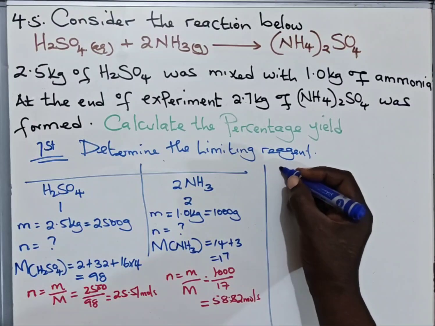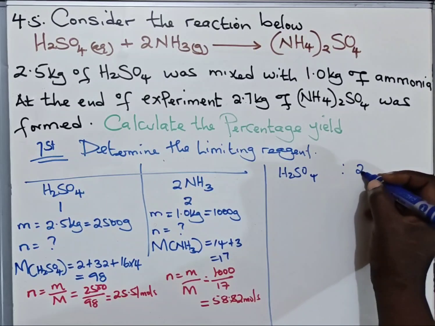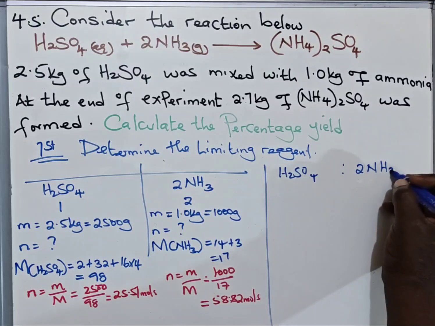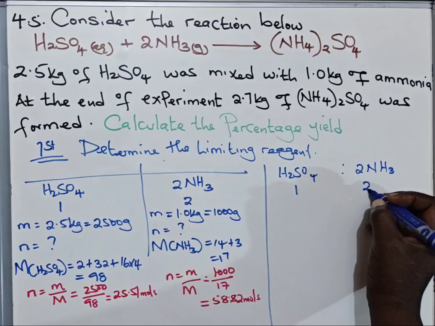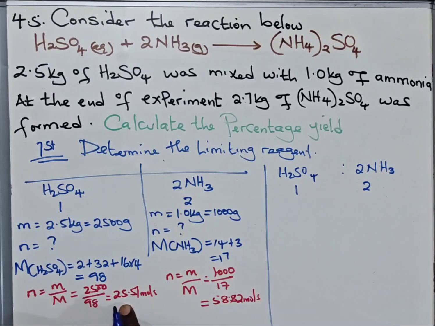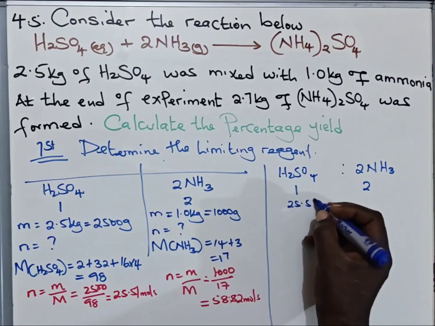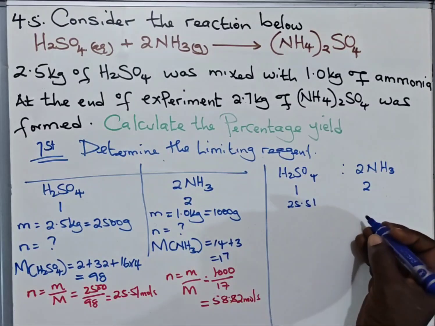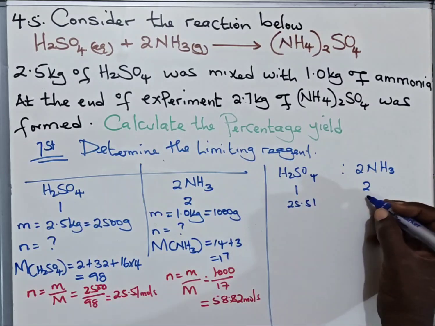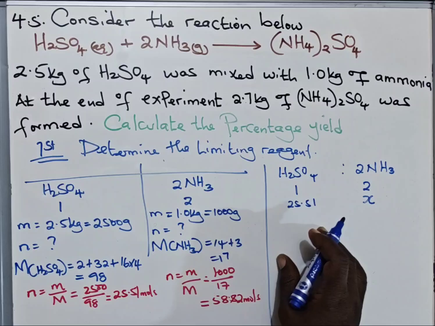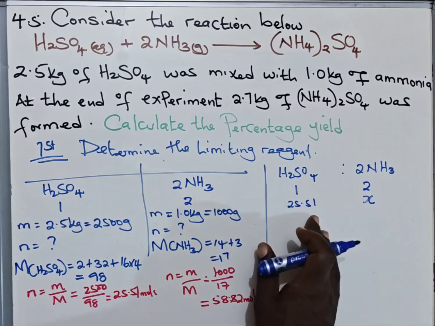So we are having our sulfuric acid here, and we are having our ammonia here, and the ratio is 1 to 2. And if we start with this, suppose we are going to use 25.51 moles of sulfuric acid. How much ammonia will react with this?